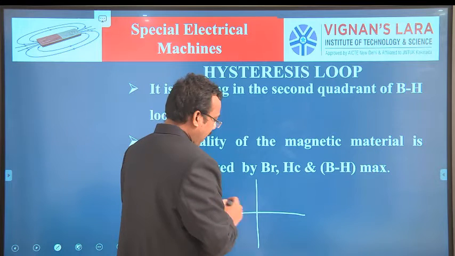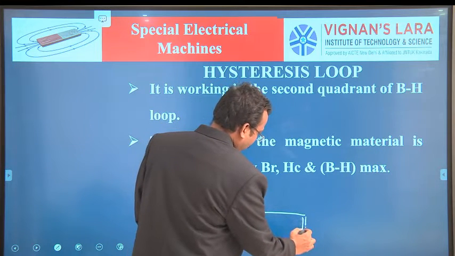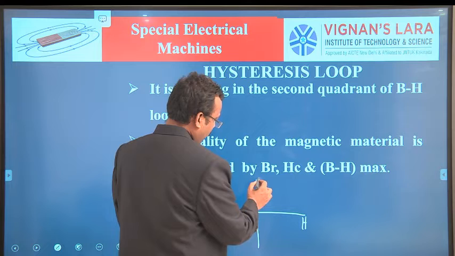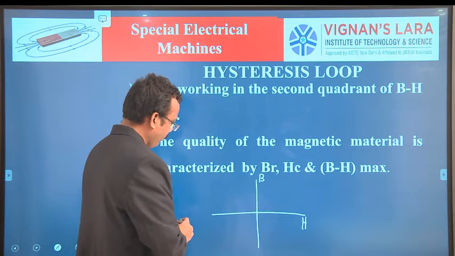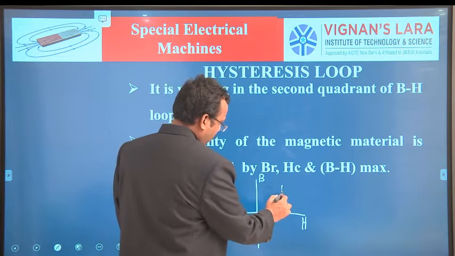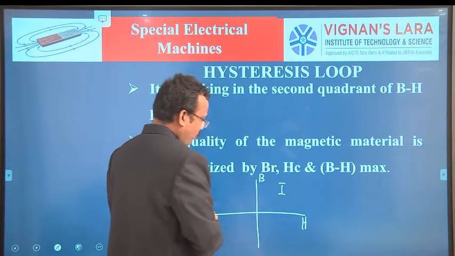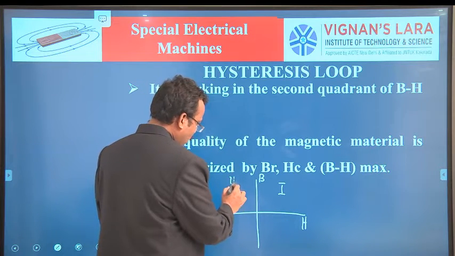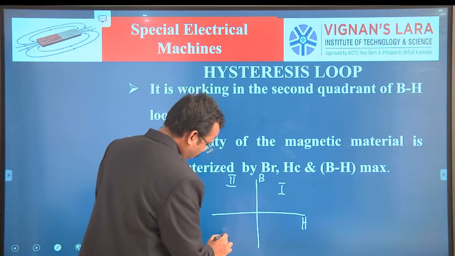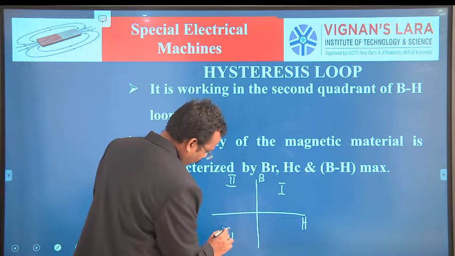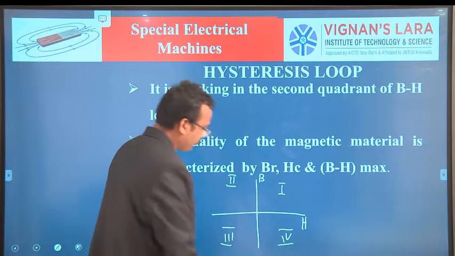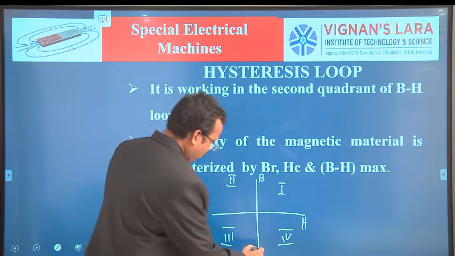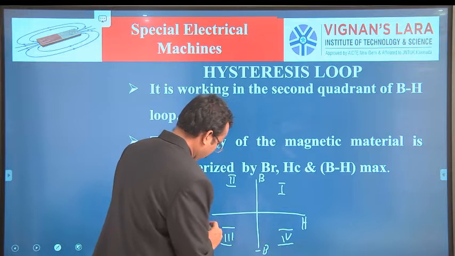This is the magnetizing force H, and this is the flux density B. This is the first quadrant of the BH loop, this is the second quadrant, this is the third quadrant, and this is the fourth quadrant. Here minus B, here minus H.